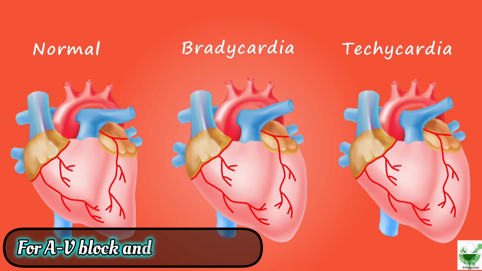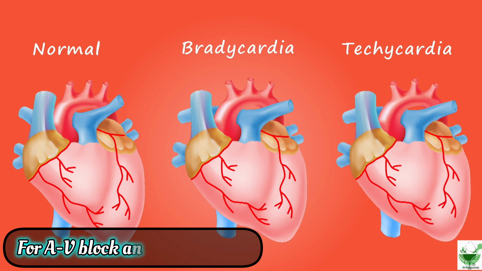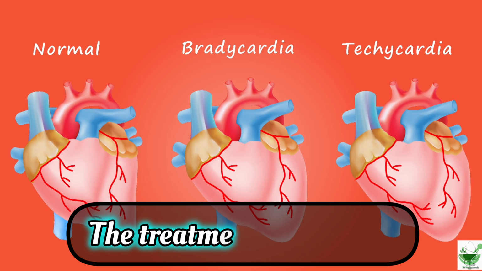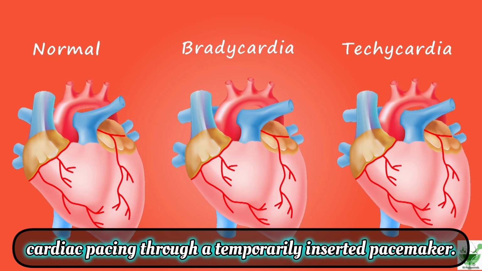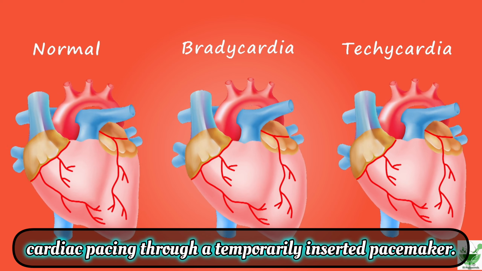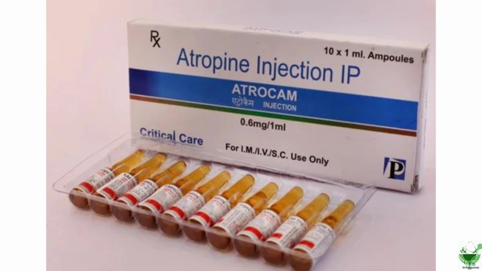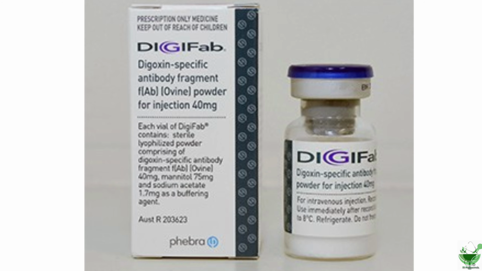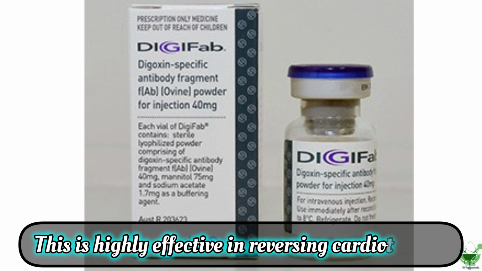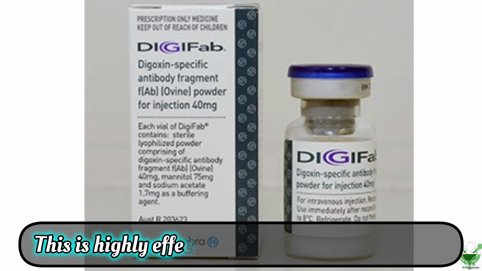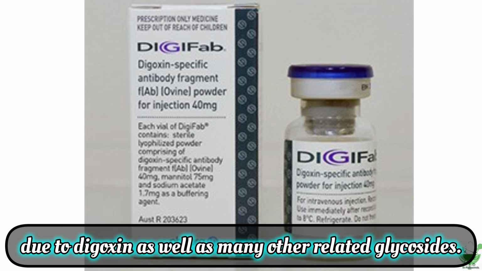Then for AV block and bradycardia, the treatment of choice is cardiac pacing through a temporarily inserted pacemaker, and atropine 0.6 to 1.2 milligram IM may help. Then there is an antibody, digoxin antibody. This specific antibody is highly effective in reversing cardiotoxicity due to digoxin as well as many other related glycosides.